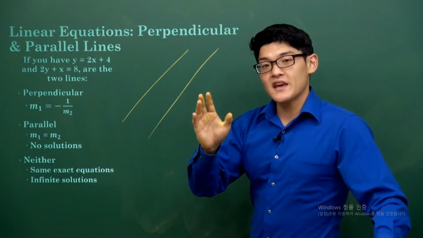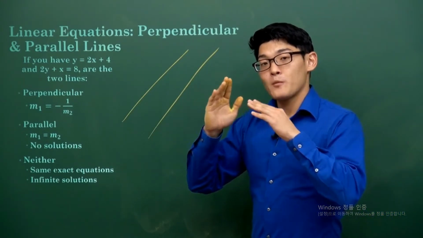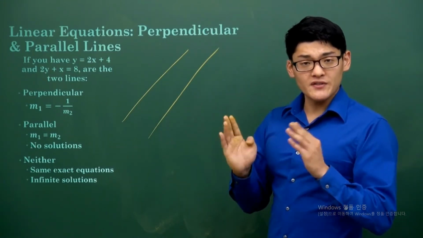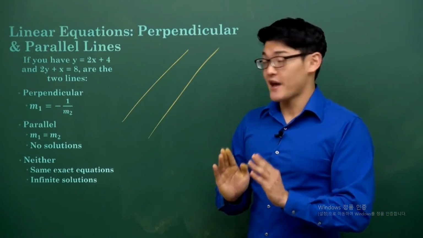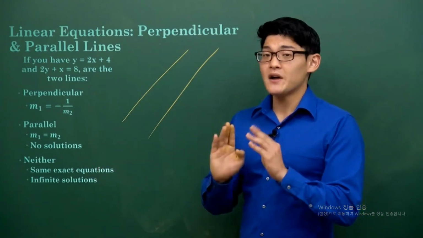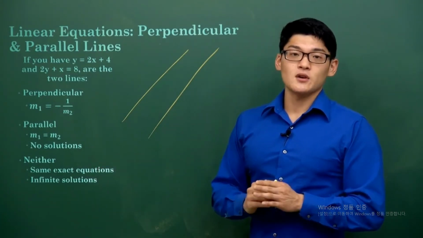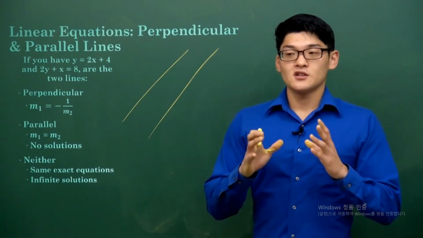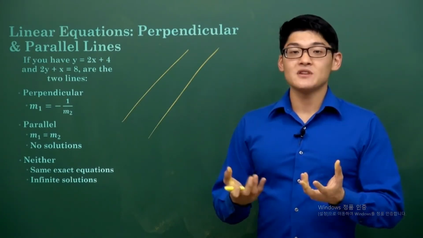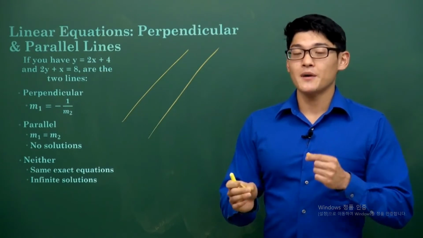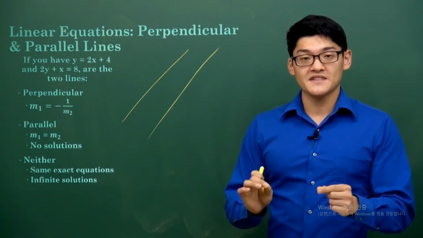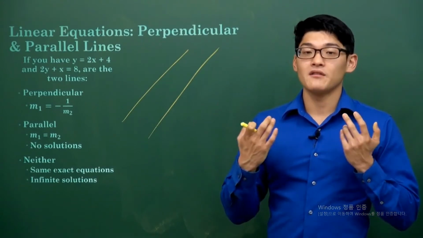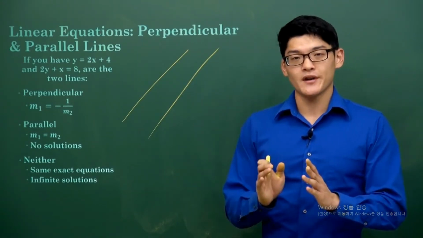Solutions, when solving for two lines, are where they intersect. If they're parallel, they will never intersect, so there are no solutions for parallel lines. So if you're asked how many solutions two lines have, and you find that both lines have the same exact slope, that means they have no solutions because they are parallel.